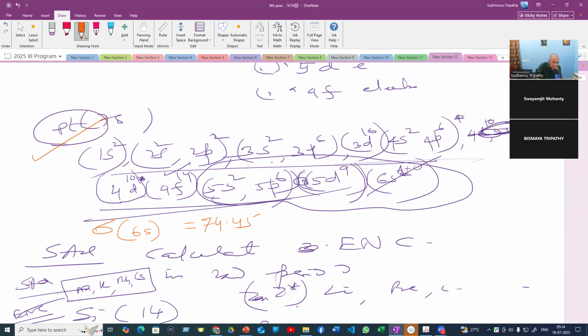Okay, sir. So what is Z star? Which is 78 minus 74.45. See how small it becomes. It is 3.55. Do you have the same value, Mr. Tripathi?